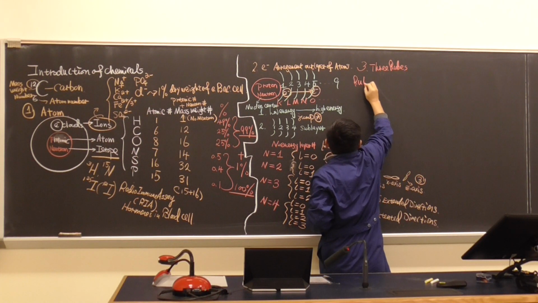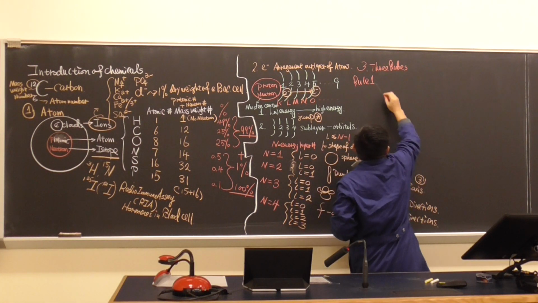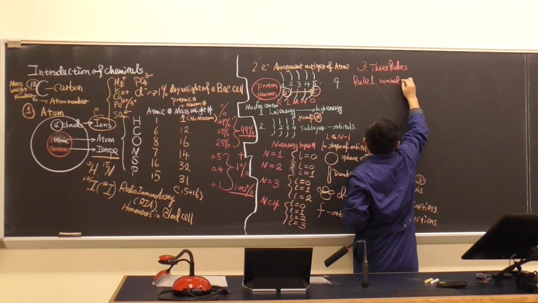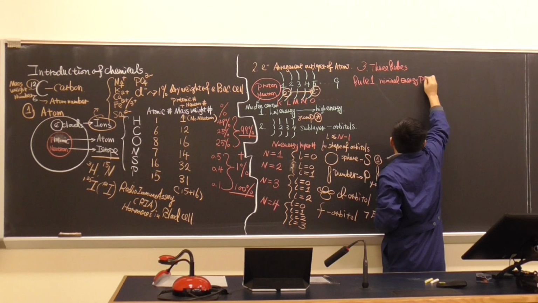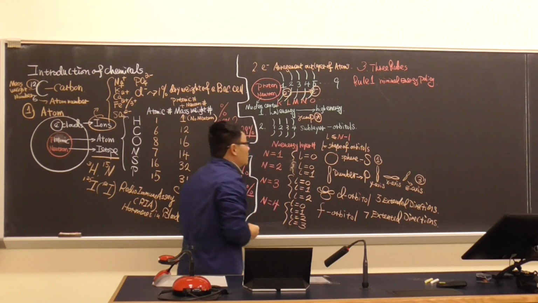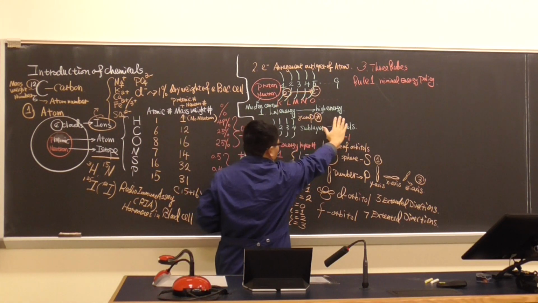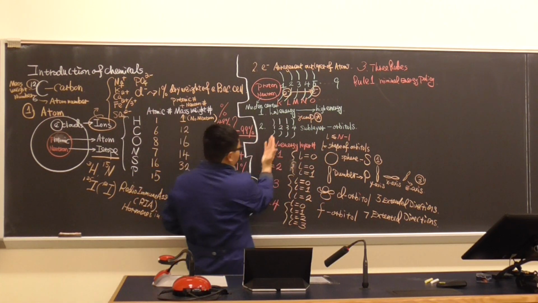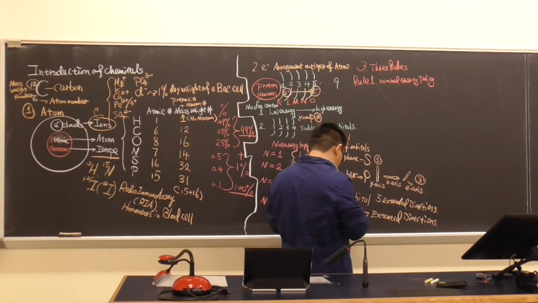Rule number 1, I already mentioned it, called the minimal energy policy. What that means? Arrangement of the electrons basically from inner to outer, from low energy to high energy. Filled with the inner layer first. This rule number 1 is very simple.